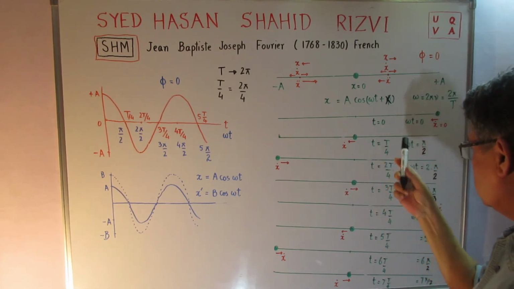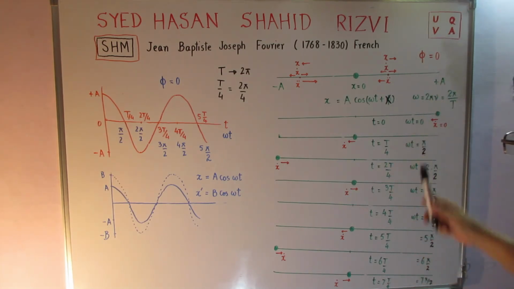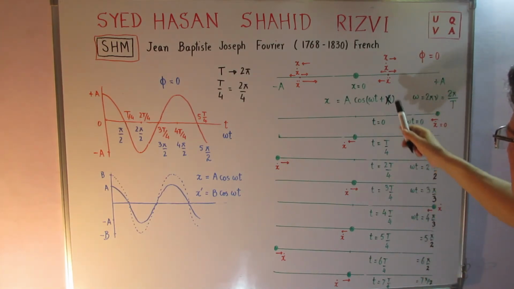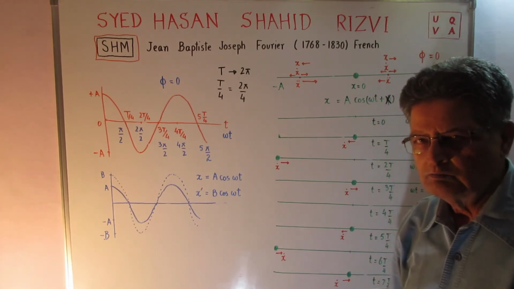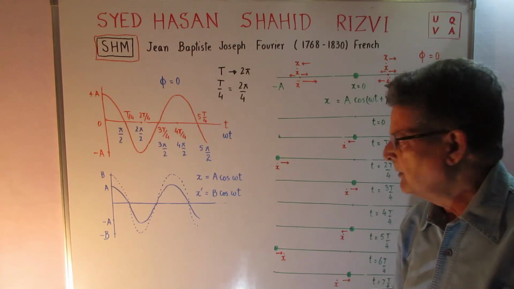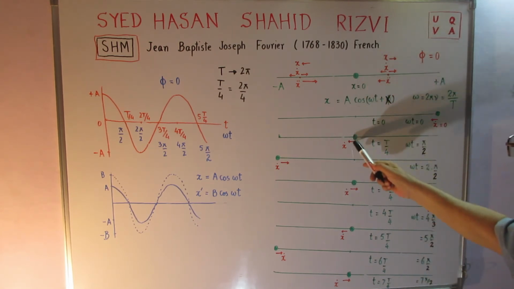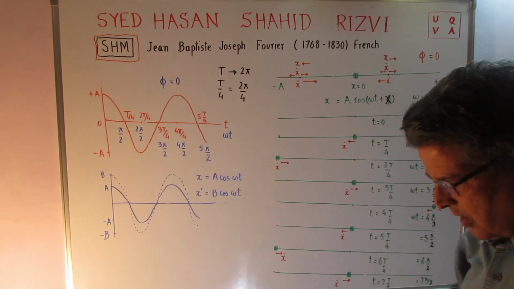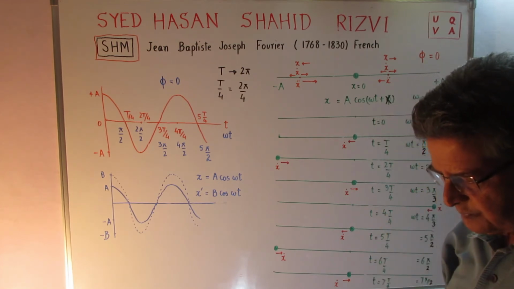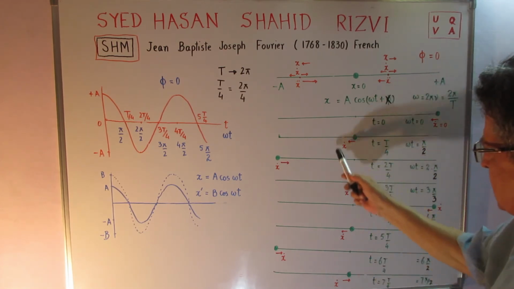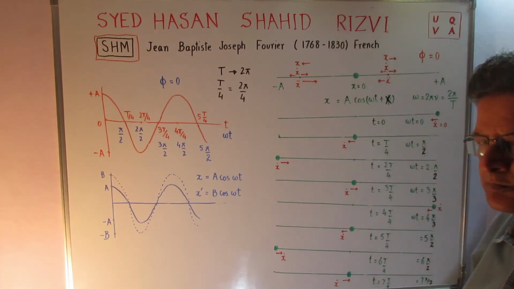So when t is equal to T by 4 and omega t becomes equal to pi by 2, then the cosine of pi by 2, cosine of 90 degrees, is equal to 0. So this body will return to this position which has been shown here. At that moment, the velocity is maximum, but its direction is like this.